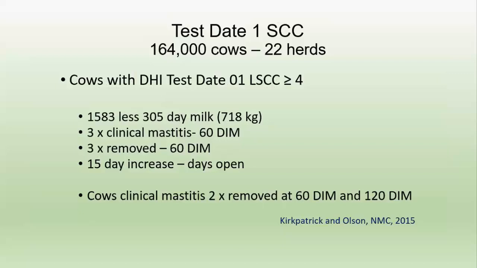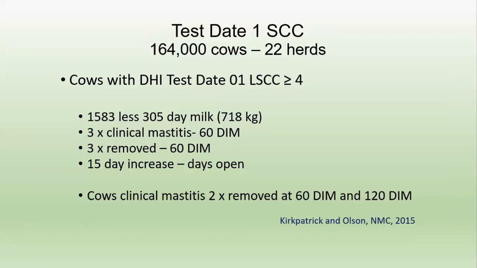In this study of over 164,000 cows in western dairy states, cows who had a DHI test date on their first test date, or linear cell count score greater than 4, had nearly 1,600 pounds less milk at 305 days, 3 times more likely to have clinical mastitis, 3 times more likely to be removed or culled, and an increase in their days open compared to cows who had a low cell count score at their first test date.